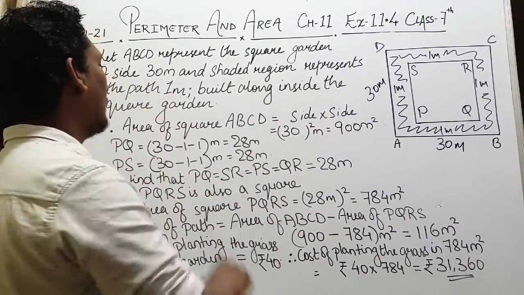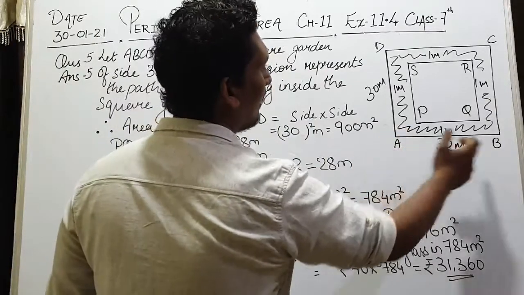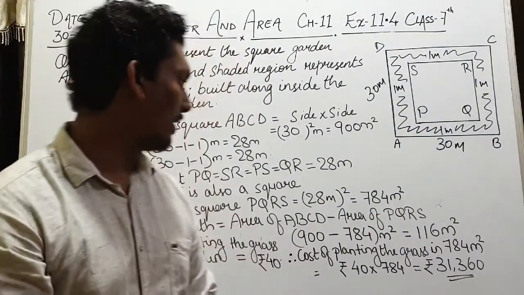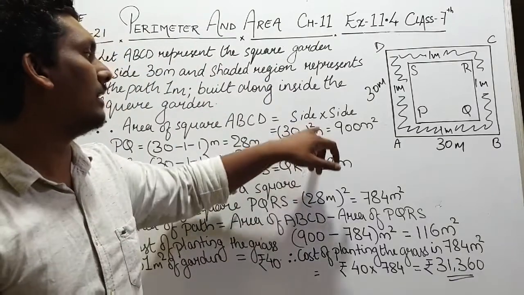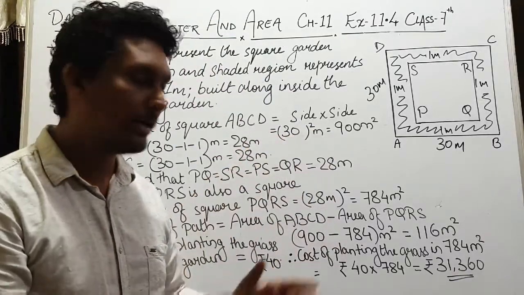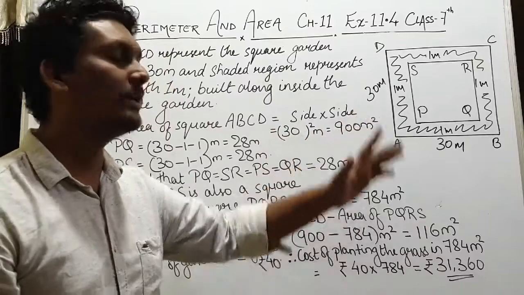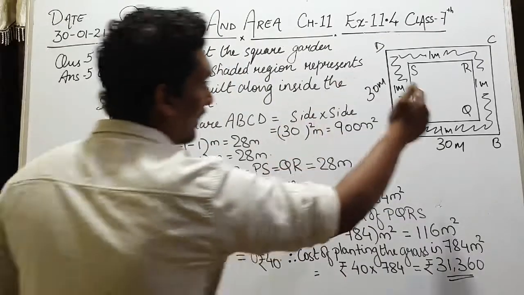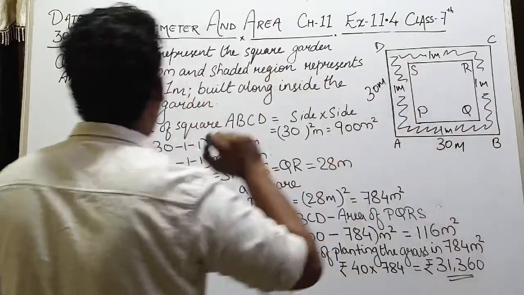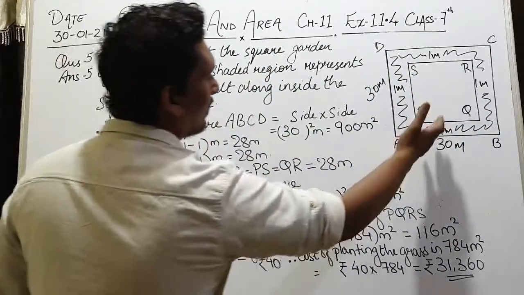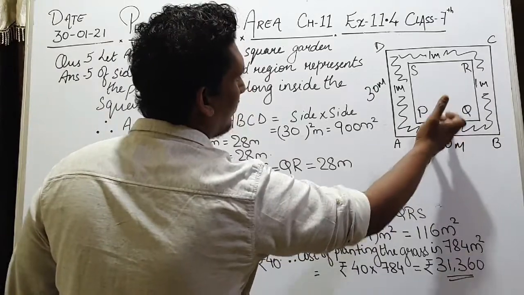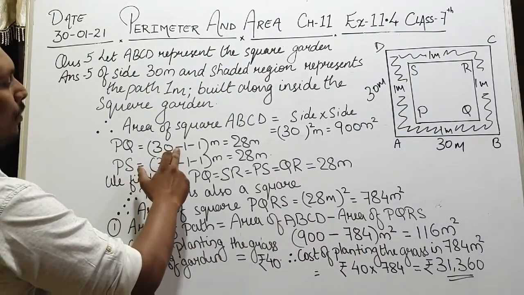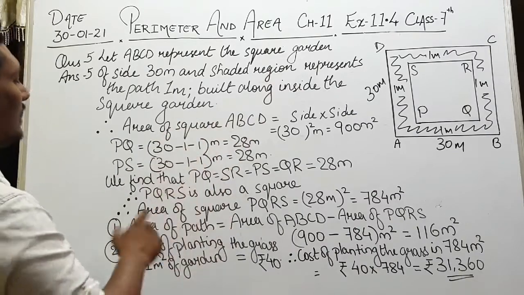So first we will find the area of square ABCD. The area is side into side or side square. So 30 square, that is 30 into 30, also you can write 30 square directly, 900 meter square. Now we are talking about inside this PQRS. When we are talking about PQ, include this 1 meter and this 1 meter. So 30 minus 2 we get 28.